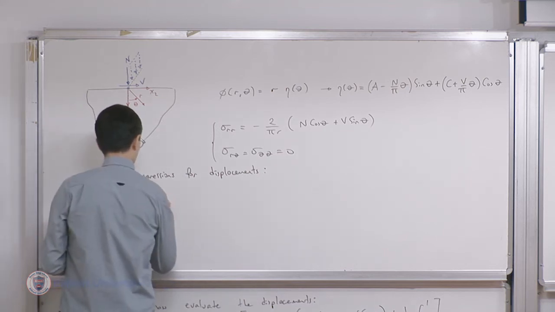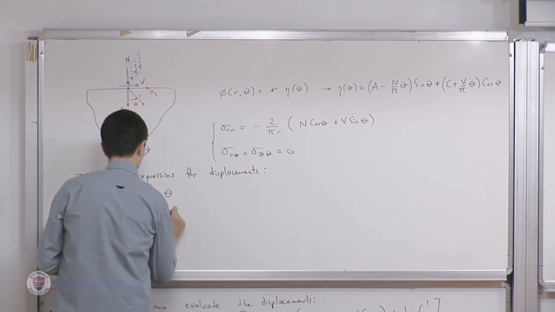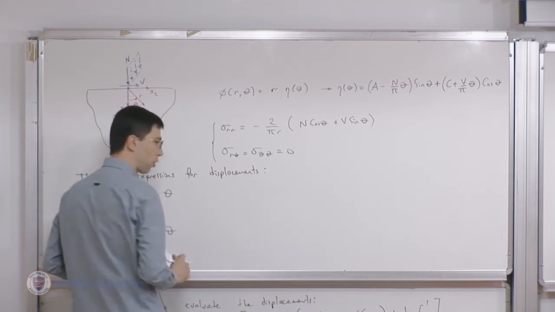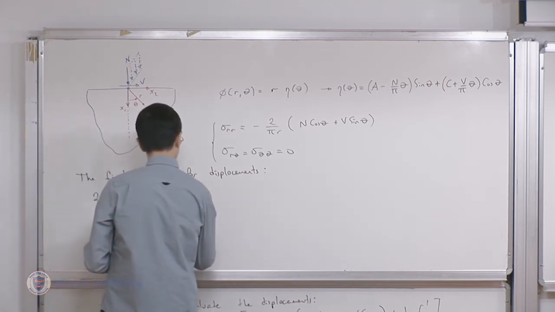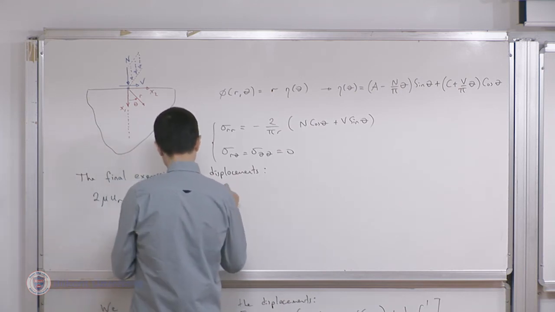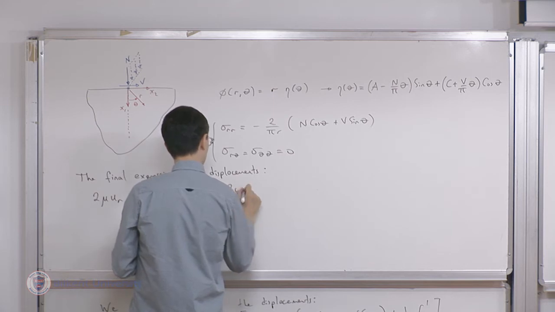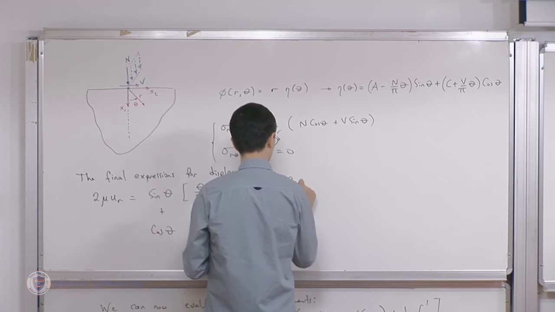One, there is a sine theta term always, and a cosine theta term. It appears in our solution, so I'm going to group those separately. And then sometimes there is a factor theta appearing. And also terms multiply either the normal force or the tangential force.